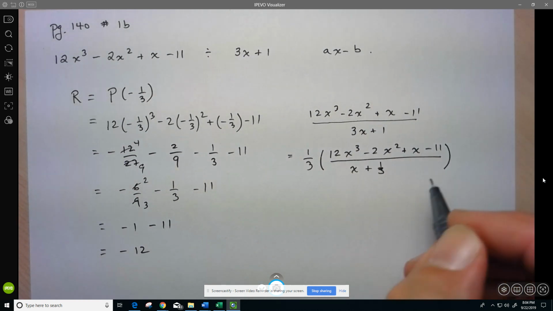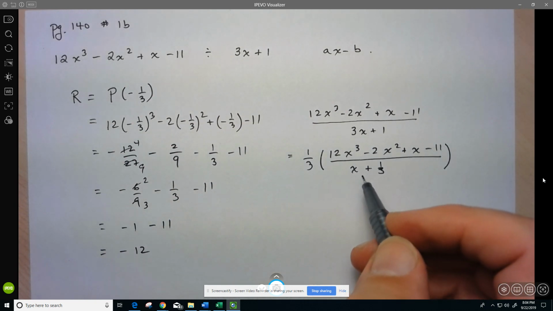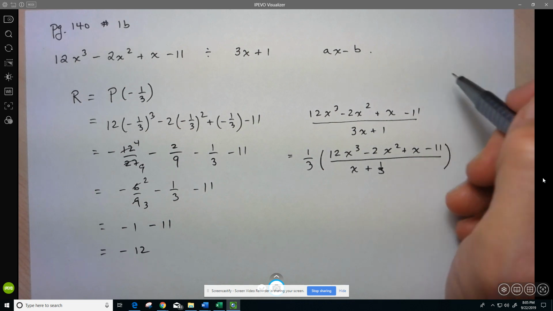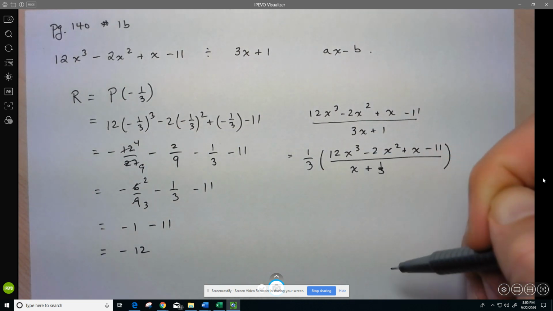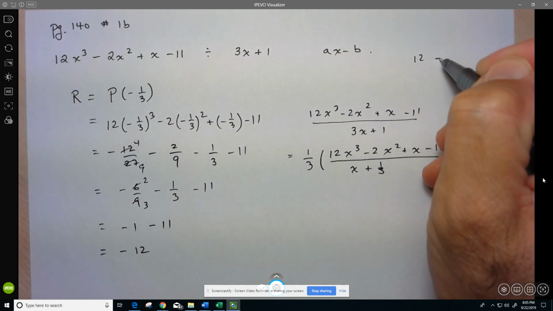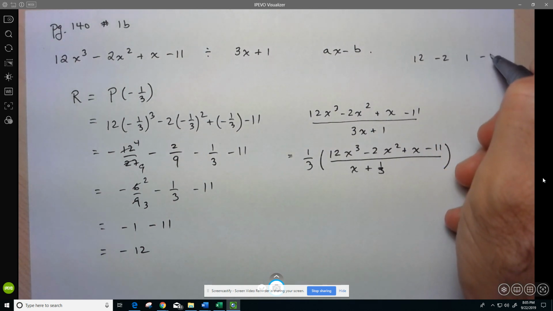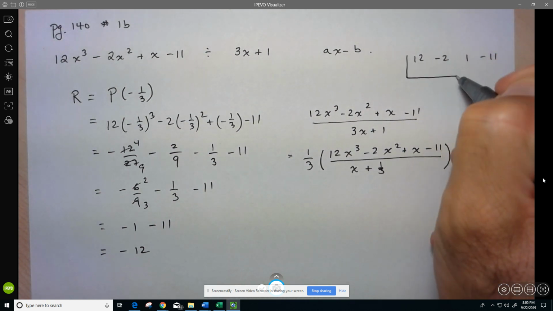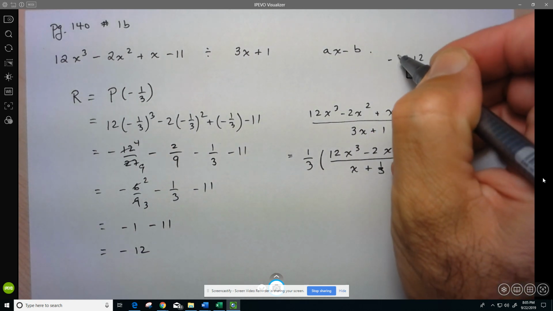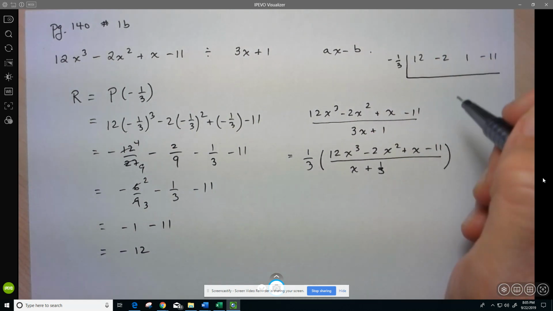Okay, and now I have something for which I can use synthetic division. Okay, so I'll do the synthetic division on the side so I don't break up the body of my solution here. So I've got 12, -2, 1, -11, all divided by, and again it's going to be x plus 1/3, so it's going to be -1/3. All right, and let's go ahead and do that.